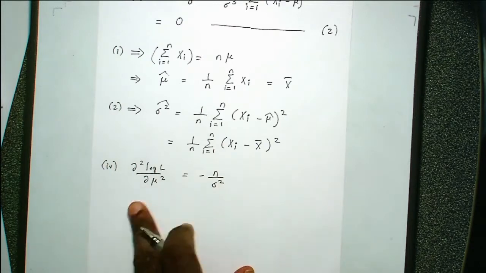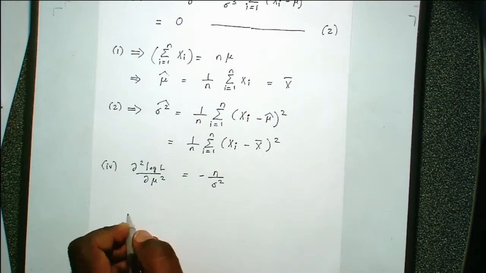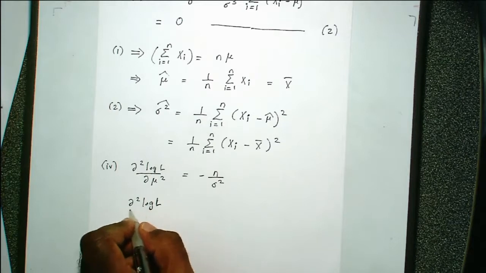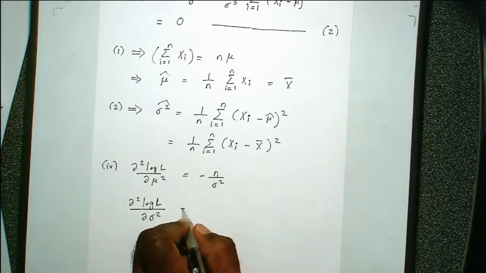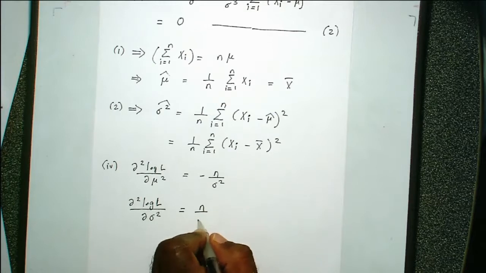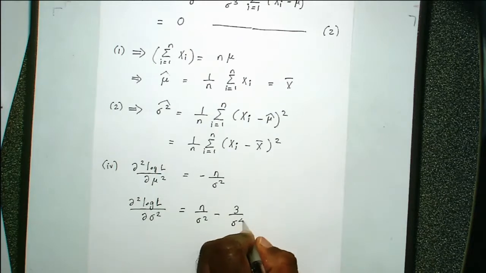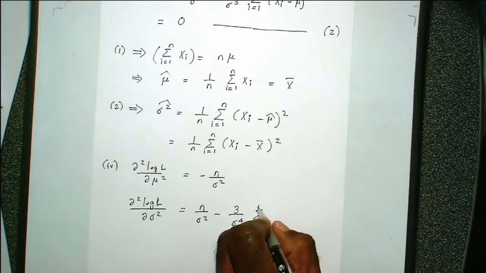This is the second order partial derivative with respect to mu, and this is the second order partial derivative with respect to sigma.